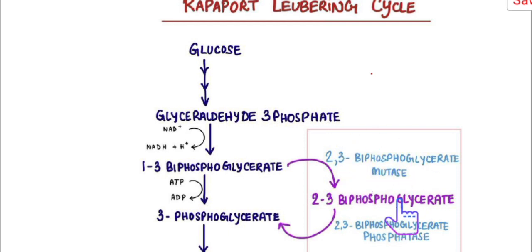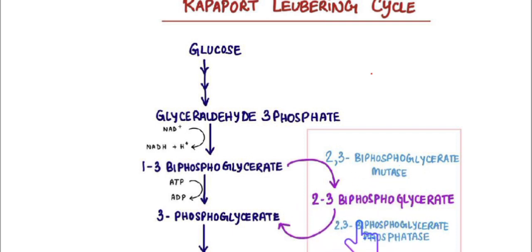A mutase enzyme is simply shifting a phosphate group, from carbon number 1 to carbon number 2. So mutase enzymes shift a phosphate group from one position to another. 2,3 bisphosphoglycerate mutase is going to form what we call the 2,3 bisphosphoglycerate molecule.